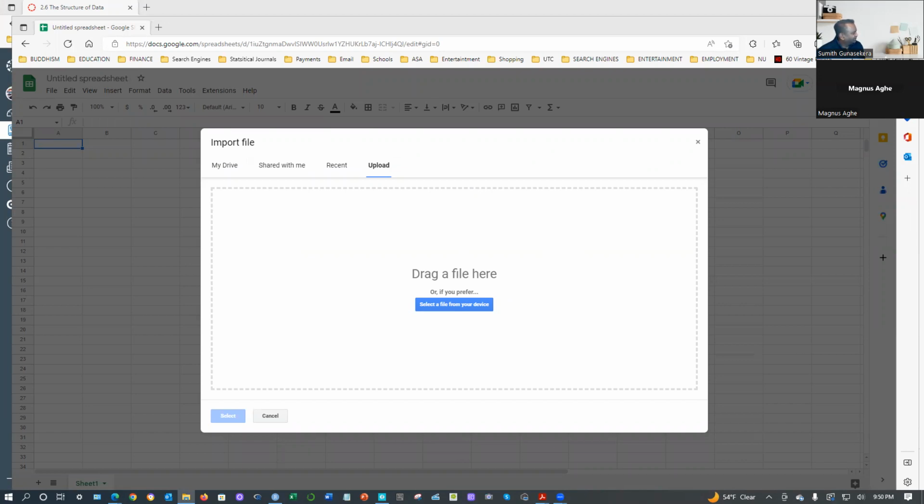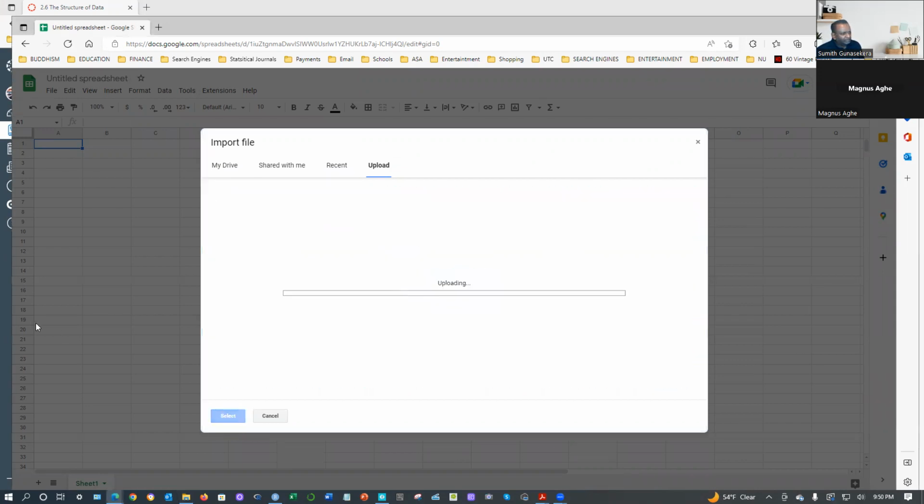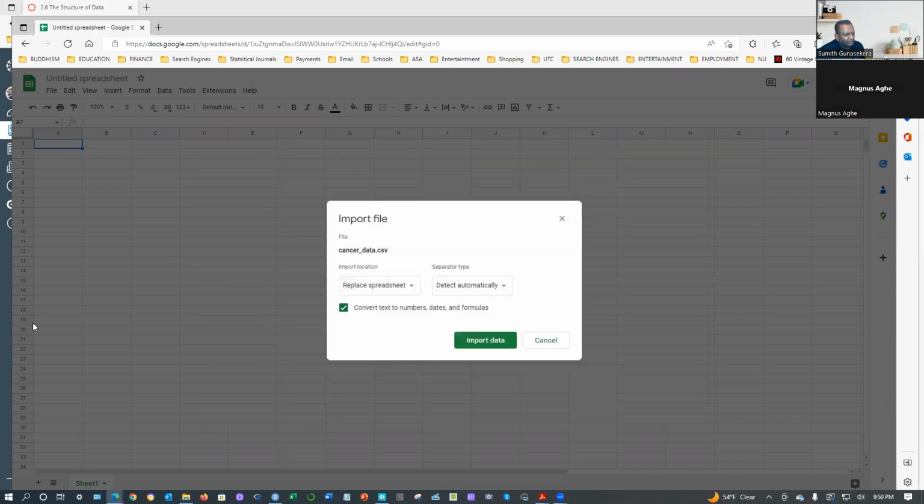Week 3 in Pixel 5, cancel data, import data.